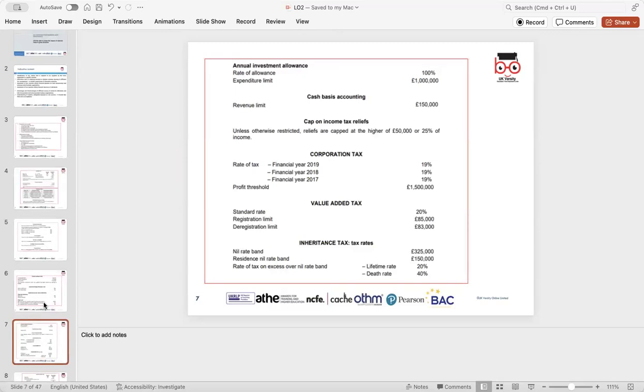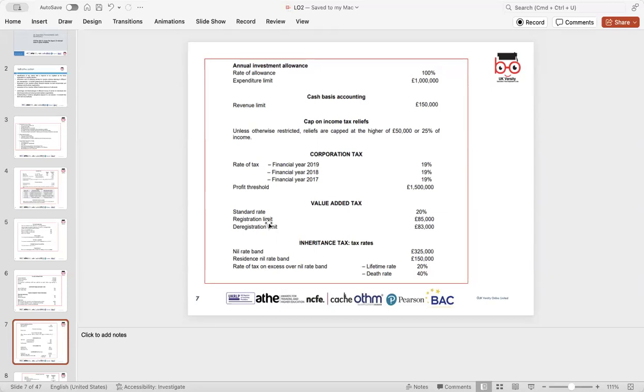Here we will discuss two important aspects of taxation, annual investment allowance and corporation tax, as well as VAT, or value added tax, and inheritance tax. Annual investment allowance is a tax relief that allows businesses to deduct the full value of qualifying expenditure on plant and machinery from their profit before tax.